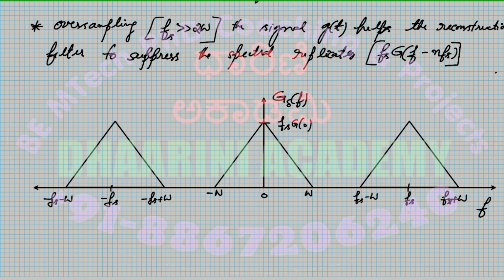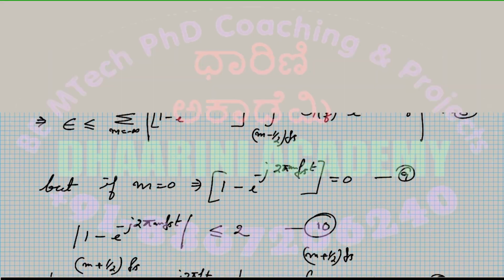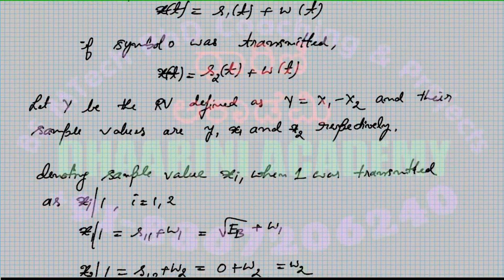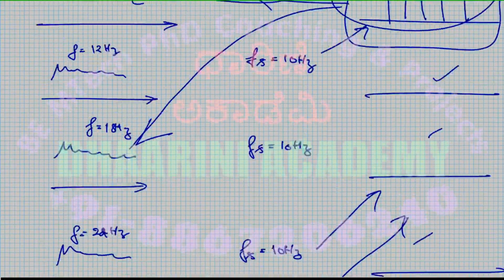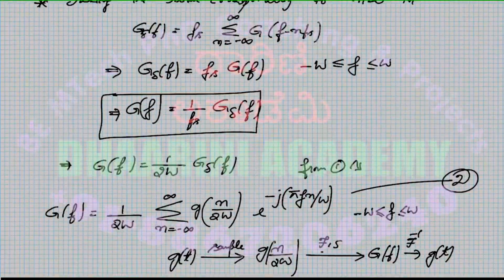Now, because of this guard band, we have some advantages, right? Whenever I go for a reconstruction filter, the reconstruction filter is the one which converts the sampled signal back into the continuous signal. I can show you one diagram representing the reconstruction filter.